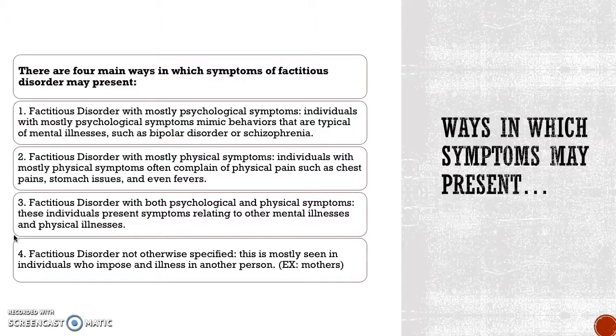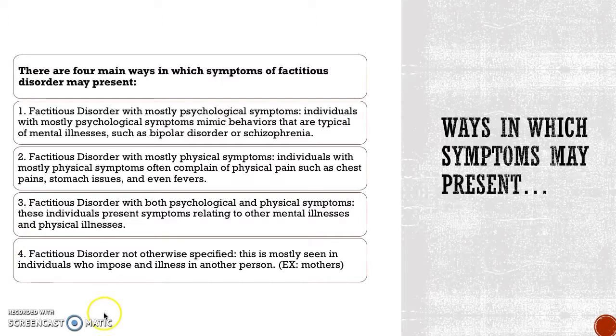It can also be presented with both psychological and physical symptoms. So an individual with both symptoms may report hallucinations, and report physical symptoms such as pain, bruises, chest pain, stomach issues, diarrhea, stuff like that.